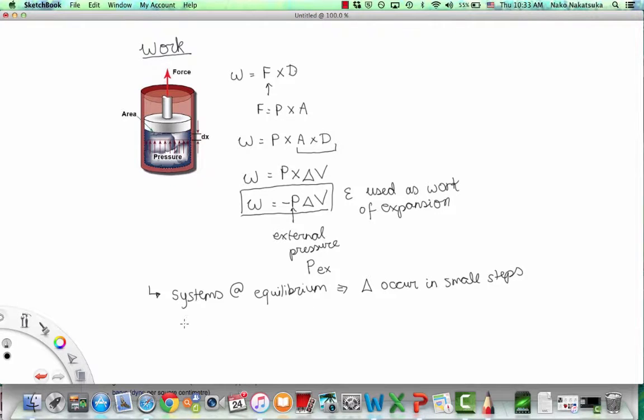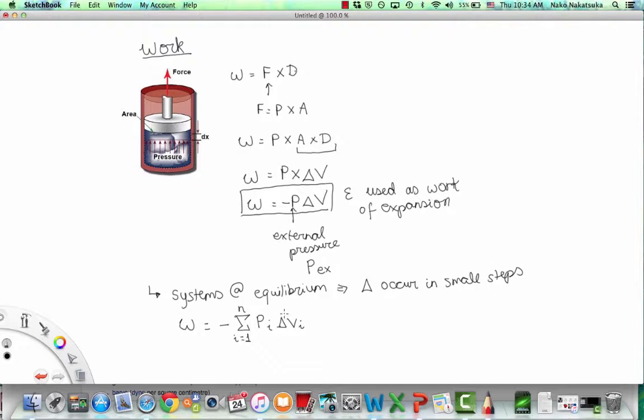We can rewrite this equation, and this is where a little bit of high school math comes into play, where work is equal to the negative sum of small increments of Pi delta Vi.